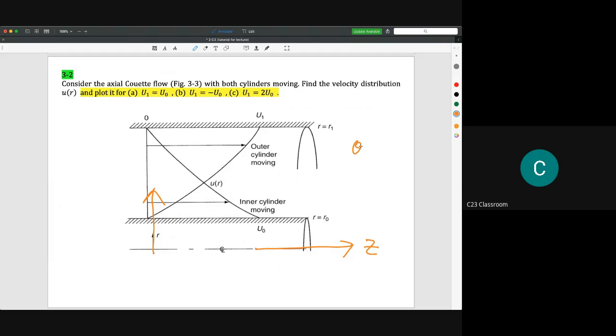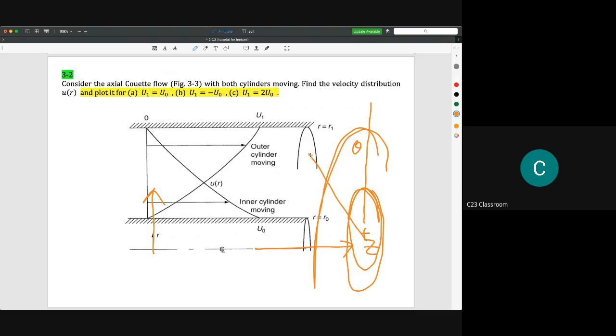For example, this is the 3-dimensional view. Let's say this is the center point. So this is the d theta, and then the tangential velocity.